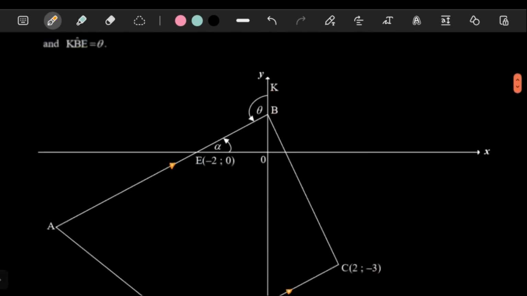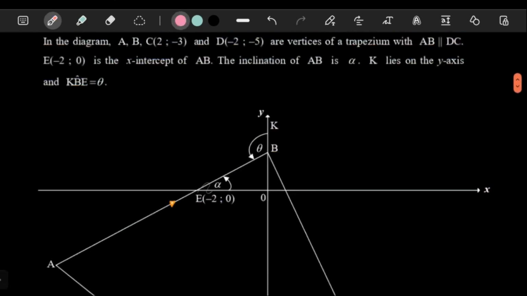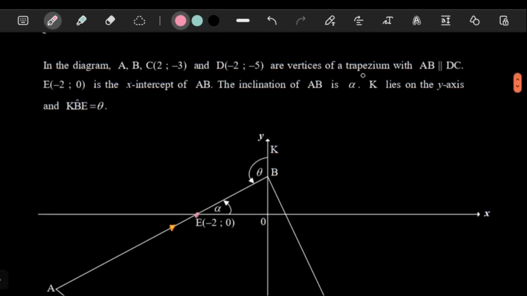And they said E is (-2; 0). It says A, B, C, D are vertices of a trapezium. These are parallel. You have E somewhere. It's the x-intercept of the line AB. Then it says the inclination of AB is alpha.